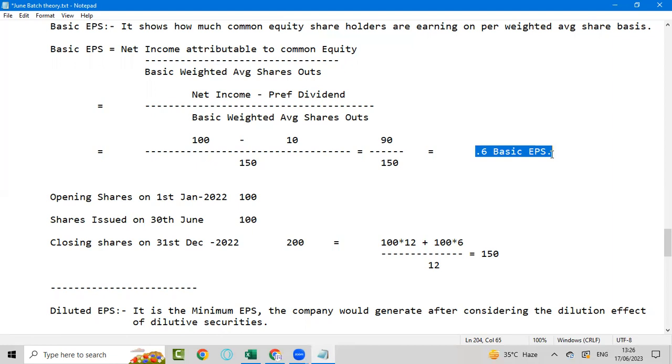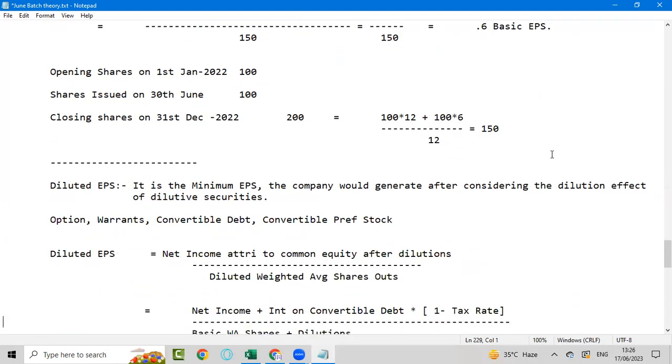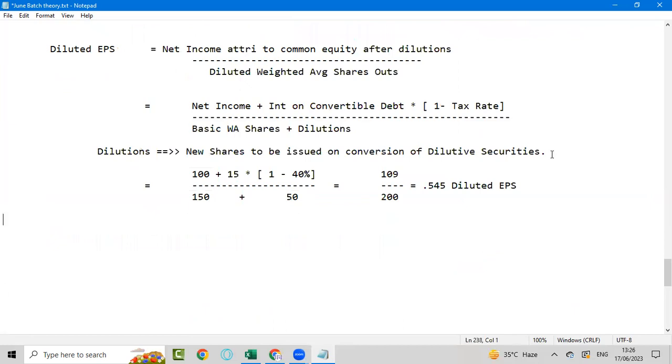Last sentence. Securities which have actually converted, I will consider them in basic EPS. Securities which have not yet converted, I will consider them in my diluted EPS. Now is it clear? Okay. You are just estimating the diluted EPS. Yes.